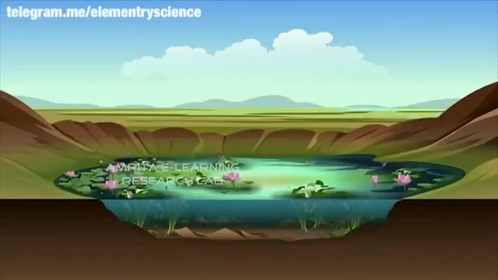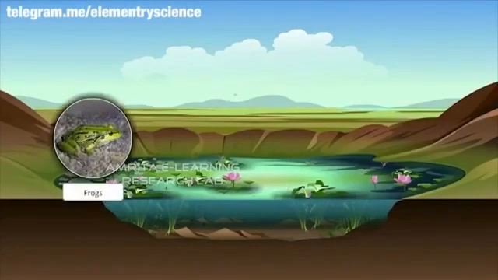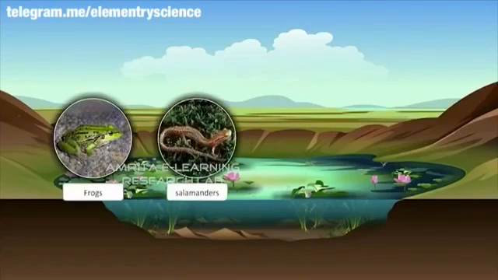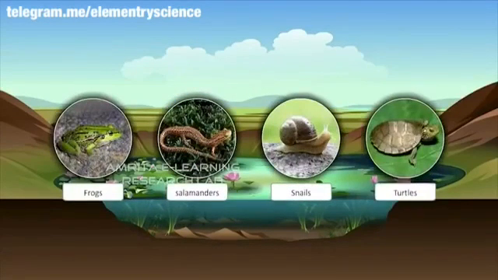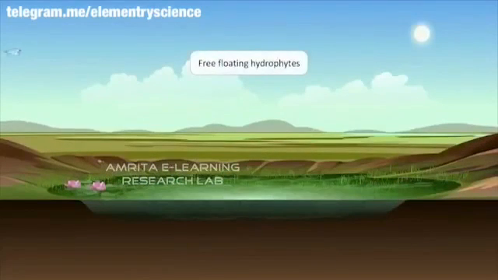In this stage, a diverse community of animals also come to inhabit the pond, like frogs, salamanders, snails, turtles, and snakes. Even insects inhabit the exposed leaves of the hydrophytes. Next come the free-floating hydrophytes, whose roots float in water.